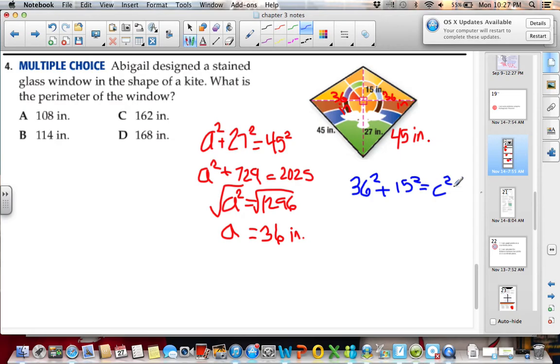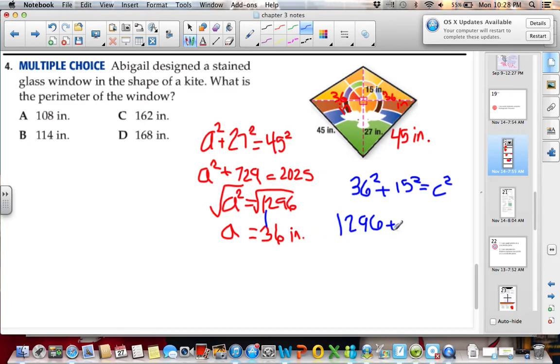So we have 36 squared equals 1,296, which I could have just looked back and I know, well, the square root of 1,296 is 36. So 36 squared has got to be 1,296.